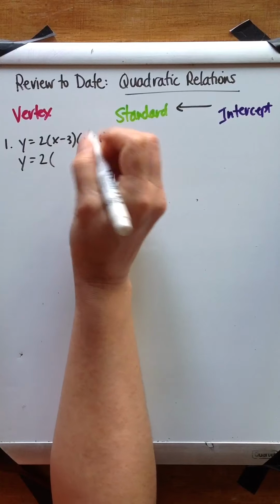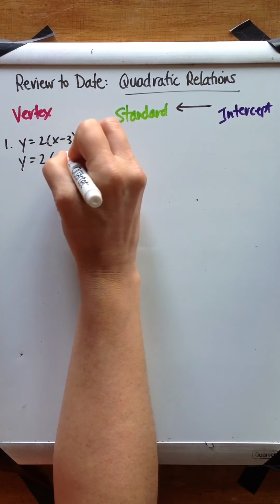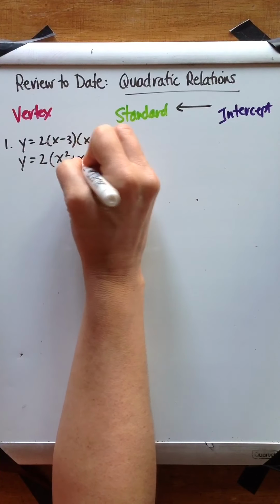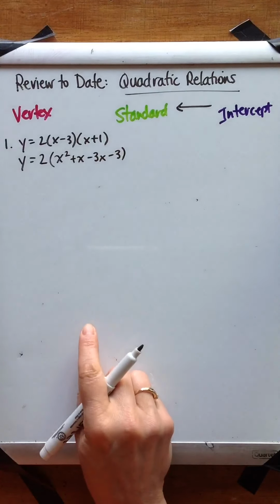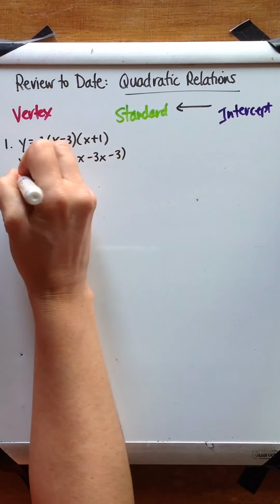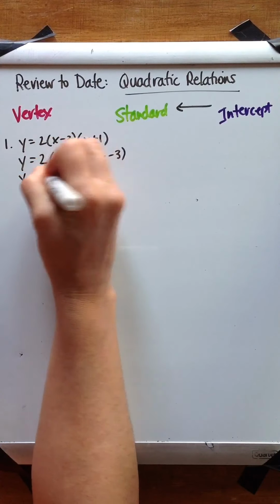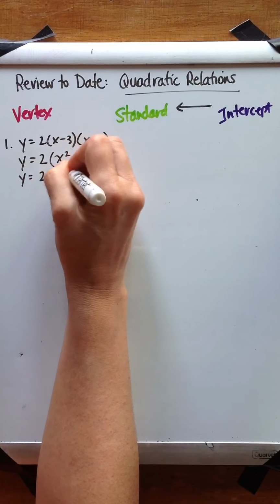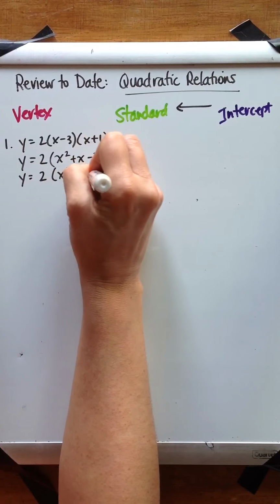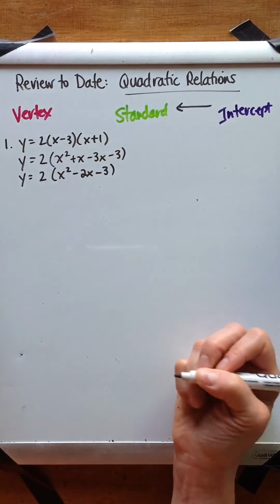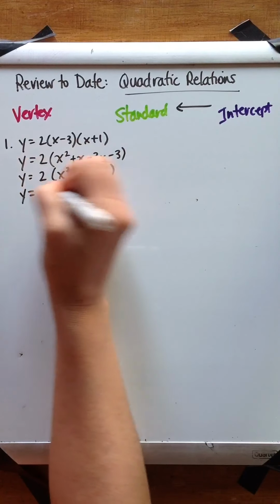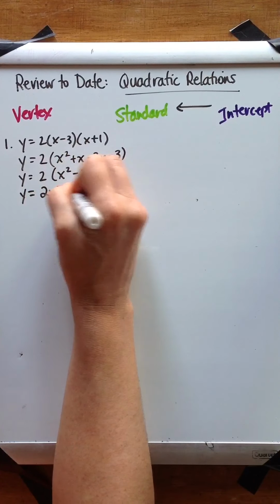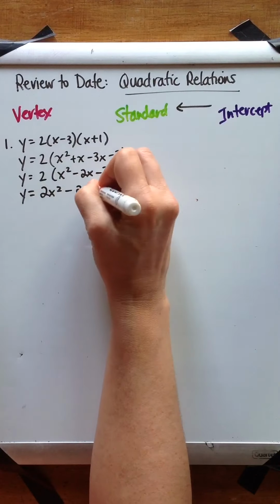So first, outside, inside, last gives us x squared plus x minus 3x minus 3. We see some like terms in here that can be collected either now or after distributing the 2. I'm going to do them now. And then finally, we can distribute the 2 to every single one of those terms. So y equals 2x squared minus 2x minus 3.